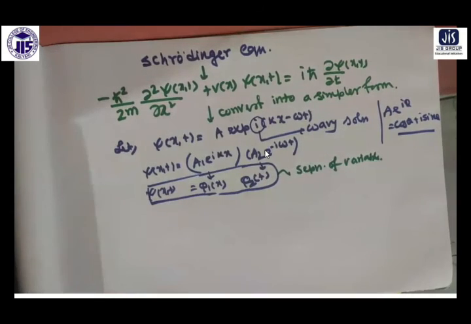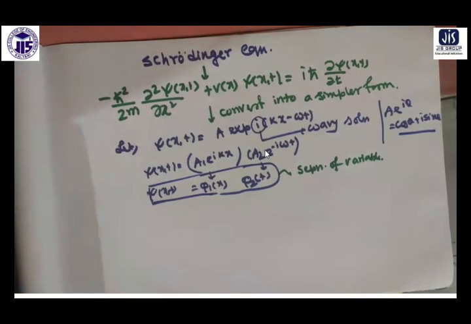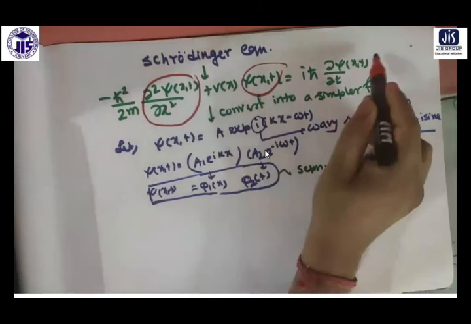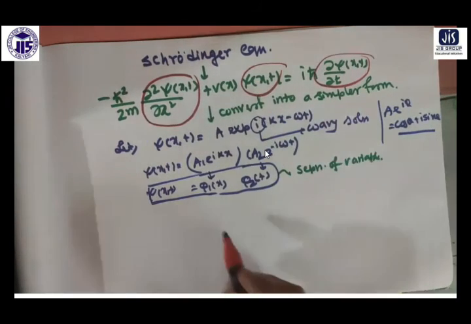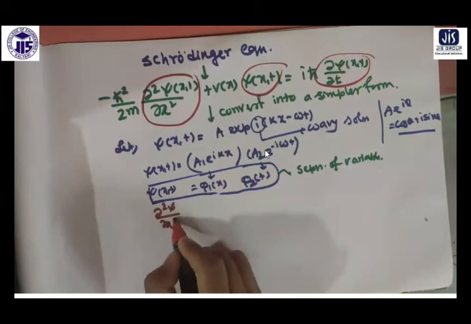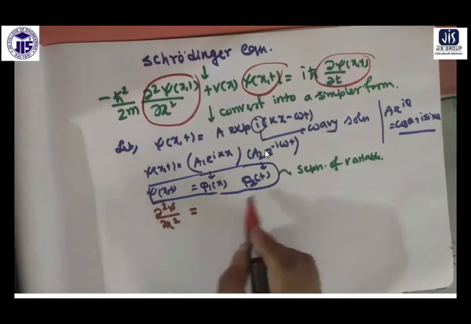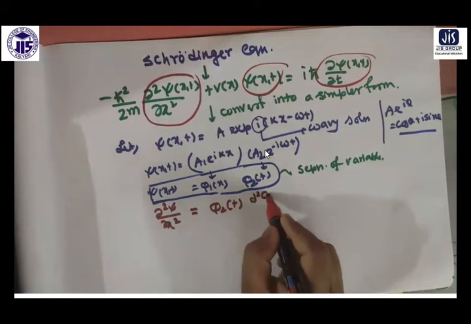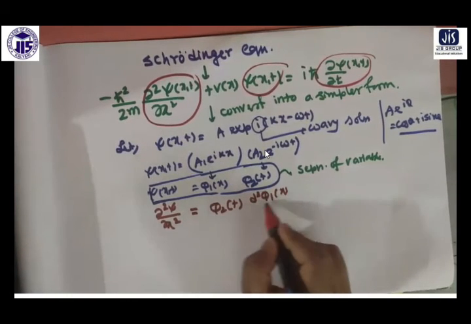So what shall I do now? All terms here, I'll now express in terms of this. I replace these psi's in terms of phi's. So if I replace d2 psi dx2, you know from your basic mathematics, it will be like phi 2 t d2 phi 1 dx2.